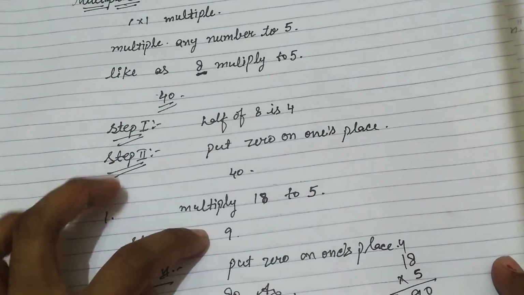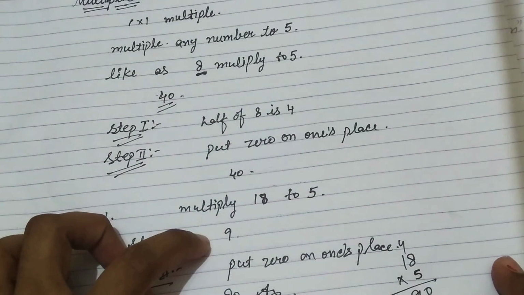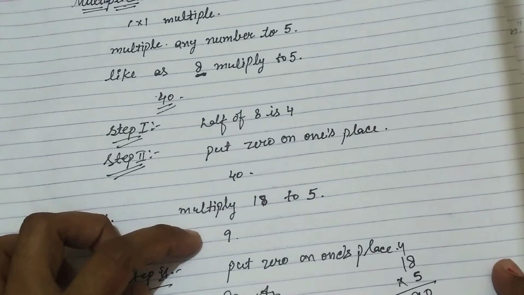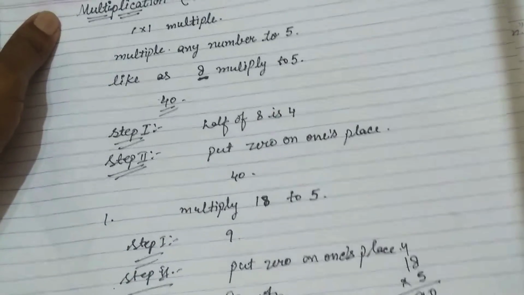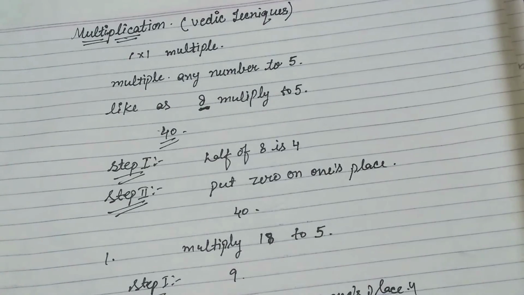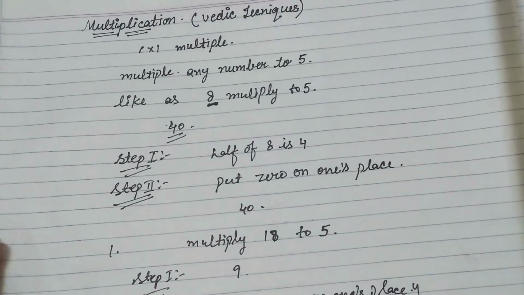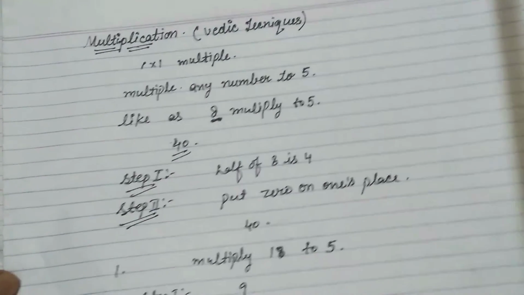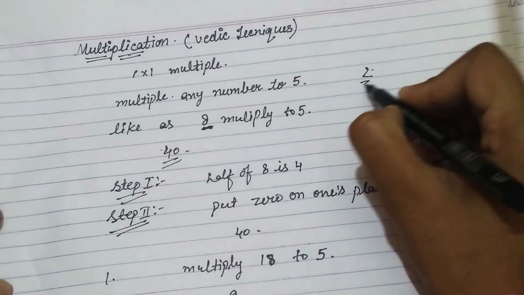But this method is less time consuming, and we do not need to read tables anymore. But it doesn't mean that we don't need tables; they are also important for us. So we take a second example.